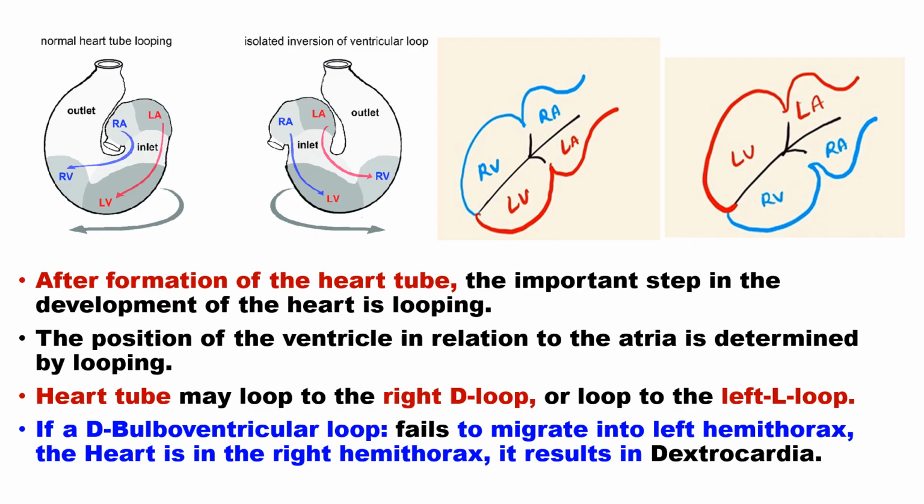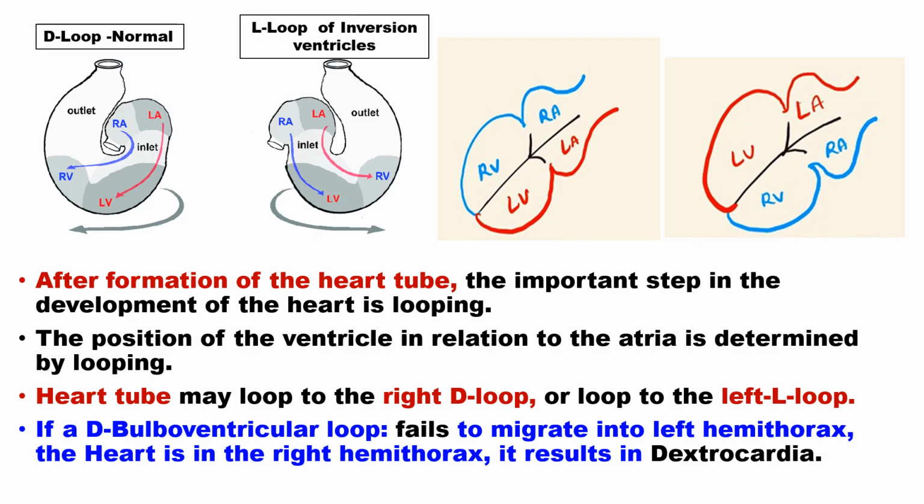So what we conclude is that after the formation of the heart tube, which completes at the end of the 24th day, the important step is development of heart looping. D looping is normal, L looping is inversion of ventricles. The position of the ventricles in relation to the atria is determined by the looping.